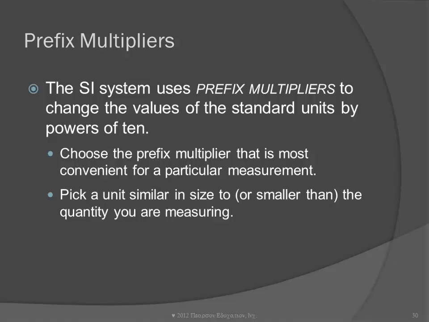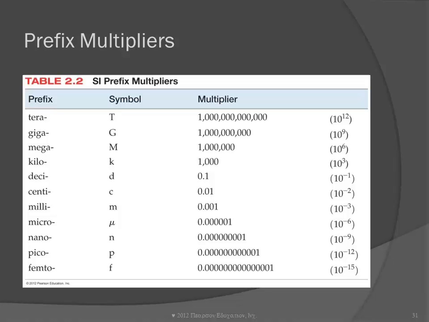In the metric system, everything is powers of 10. And so we use the prefix multiplier that's going to make the unit the size that we need it to be. So these are some of the prefix multipliers for the metric system. There's actually a name for each factor of 10, and I asked you to memorize some of these, okay?